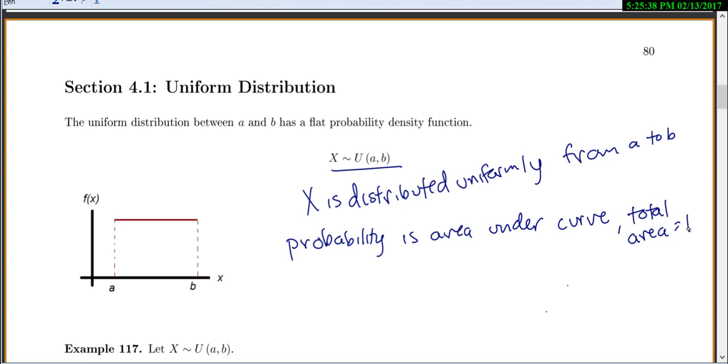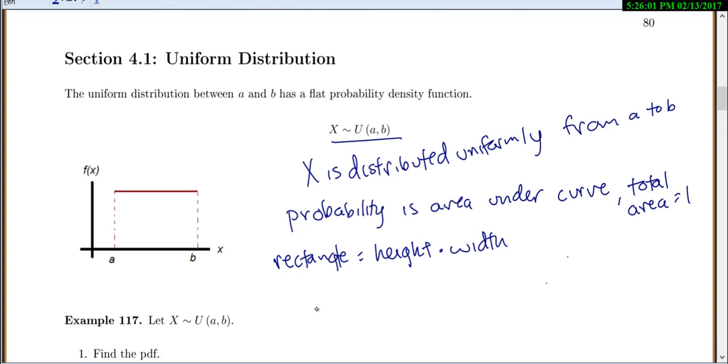If we were to try and figure out a formula for this curve, or even find the area, a rectangle's area is always height times width, right?